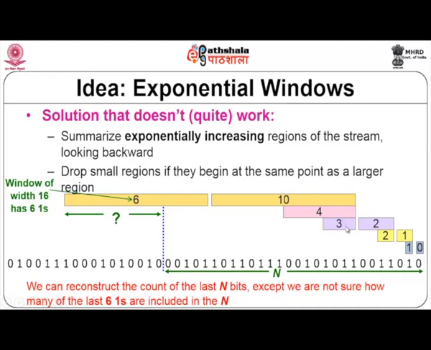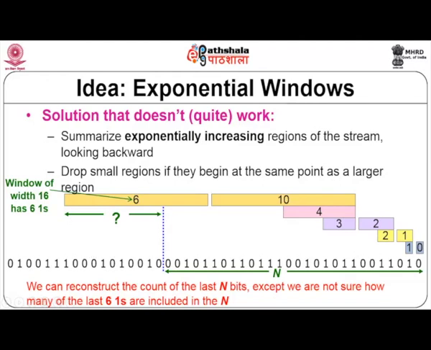So, you can always drop the smaller regions 3 and 4, and instead work on this larger region, because all these smaller regions begin at the same point. It provides a view as though the windows are merged as you move towards the past, or towards the older data.